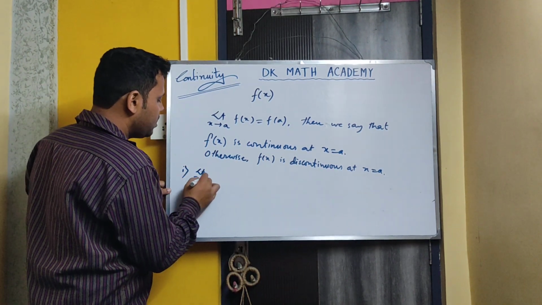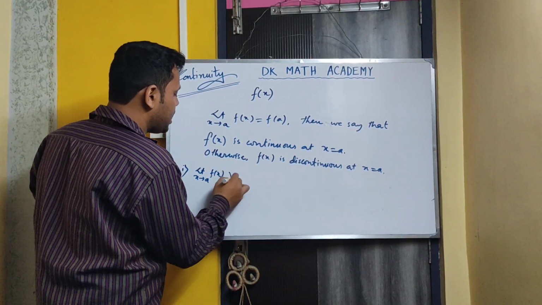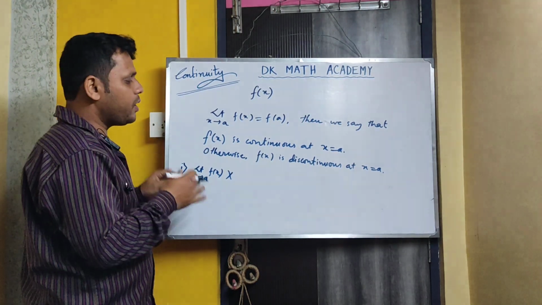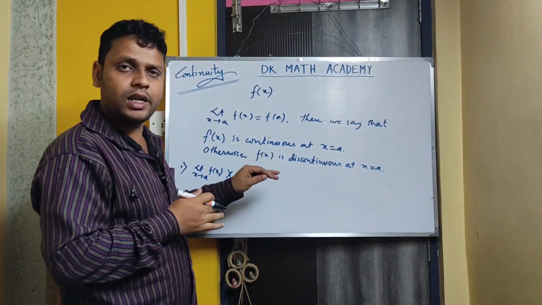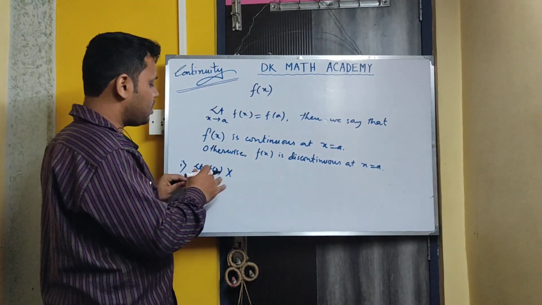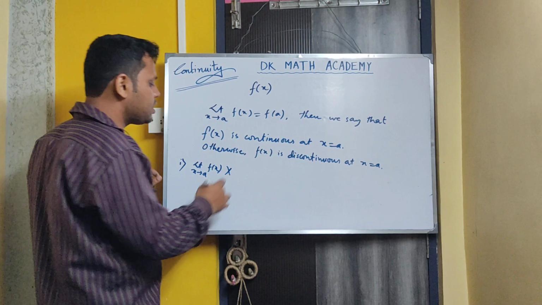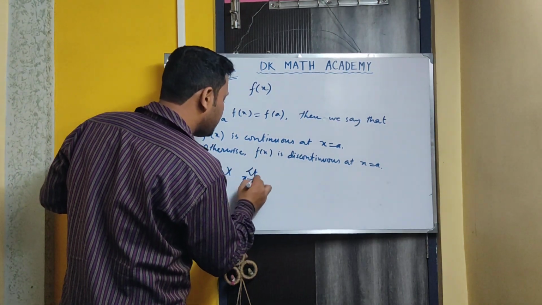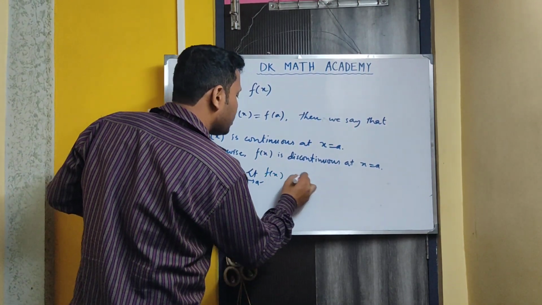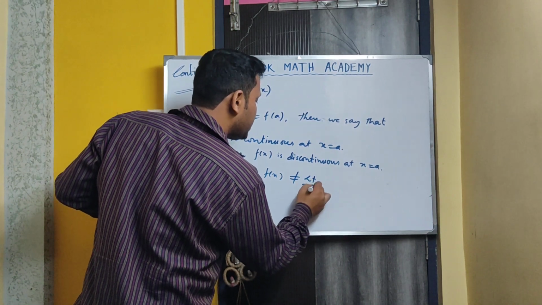f(x) will be discontinuous at a point x equals a if either the limit of f(x) as x tends to a does not exist. That means the left-sided limit is not equal to the right-sided limit.